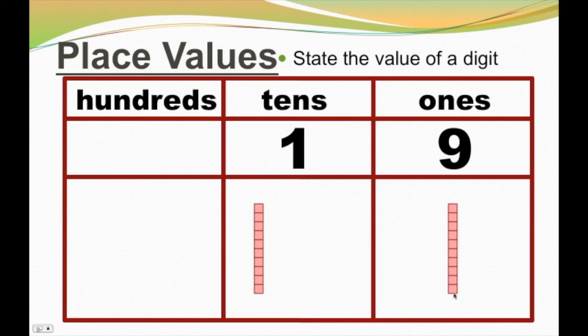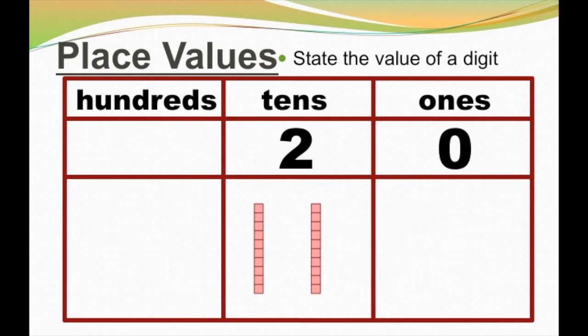I just added another square there. That's going to make this 20 now. So this is now a group of 10. So what do I do? I take it from the ones place because it's no longer a single digit. I now take it and move it over to the tens place. Because now the number 20 has 2 tens and 0 ones.